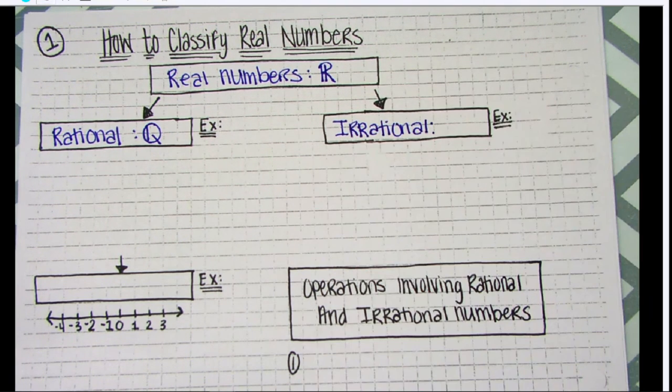What's the symbol for irrational? No, not I. It's a Z. No, I'm not even joking with you. It's one of those little weird things. It's a letter, and it's at the end of the alphabet. Did you say pi? Pi is an irrational number, so I'll put that here.